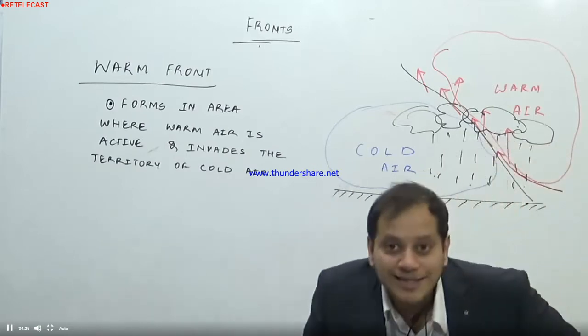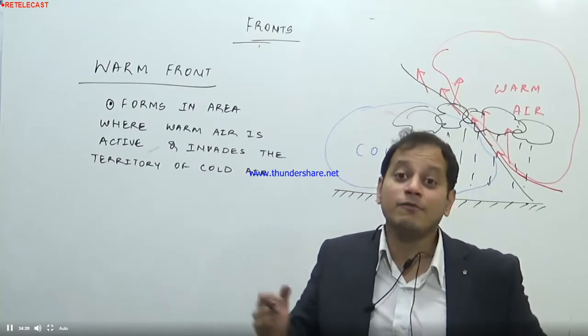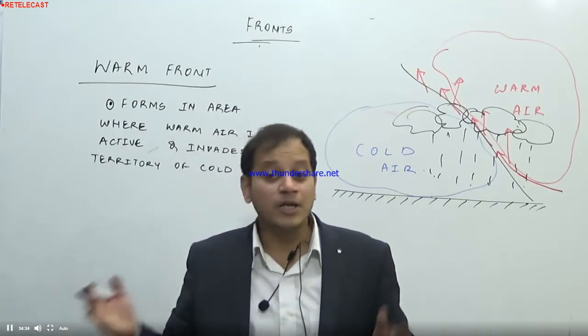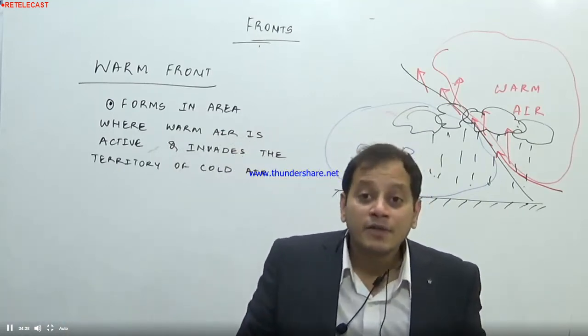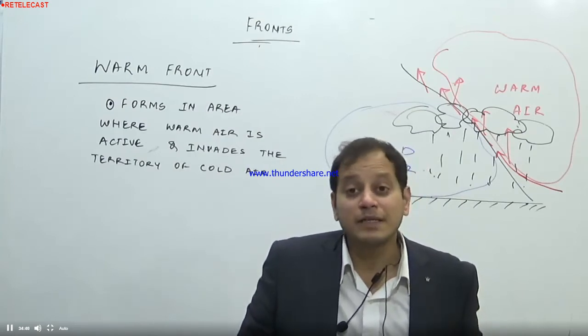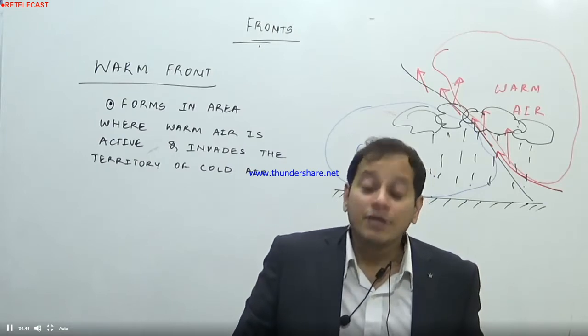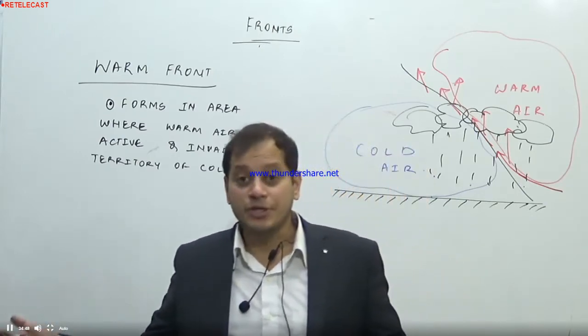Nimbostratus clouds give light rainfall, not very heavy rainfall, in the form of a drizzle, which, because it is light, occurs for a longer duration of time.